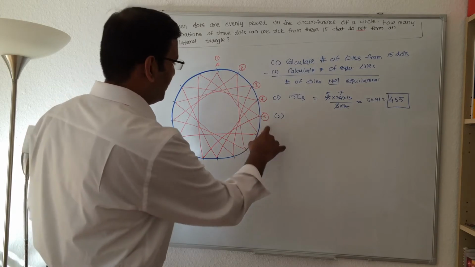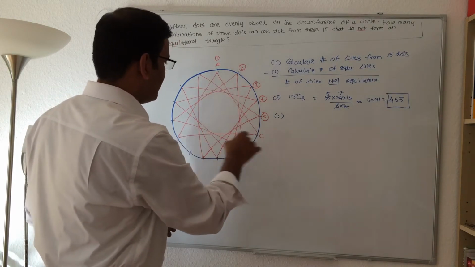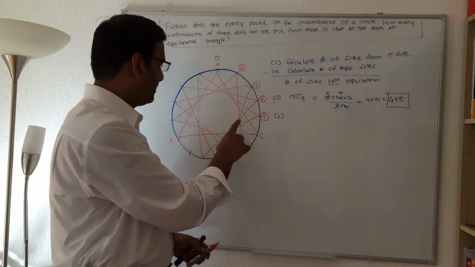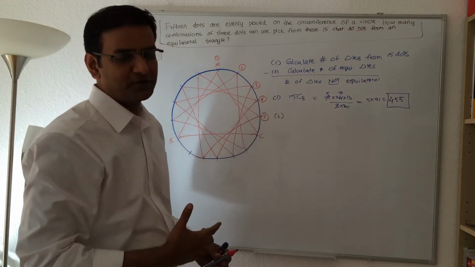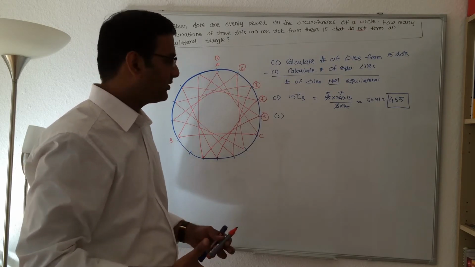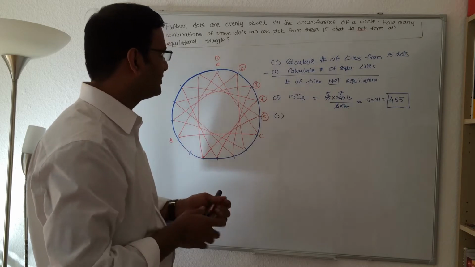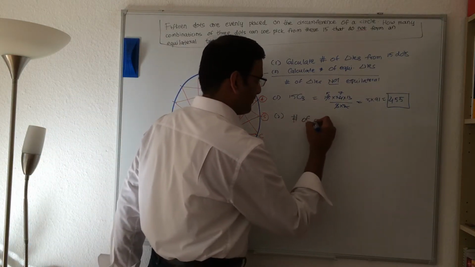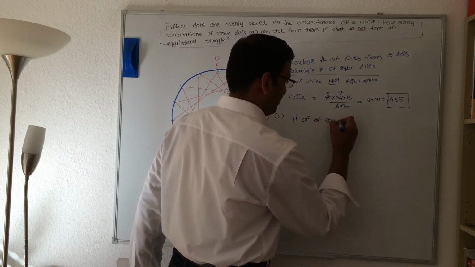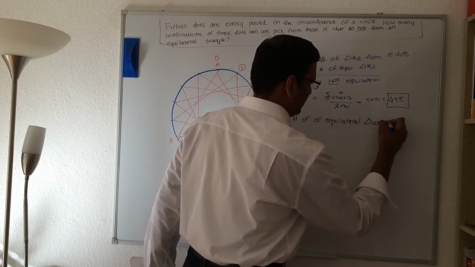Moving on to the next part, we see that we still could connect A, B and C, but this does not leave us with a unique triangle, because we are looking at a combinations problem, and here the order does not matter. So we are just left with 5 equilateral triangles. So the number of equilateral triangles is 5.